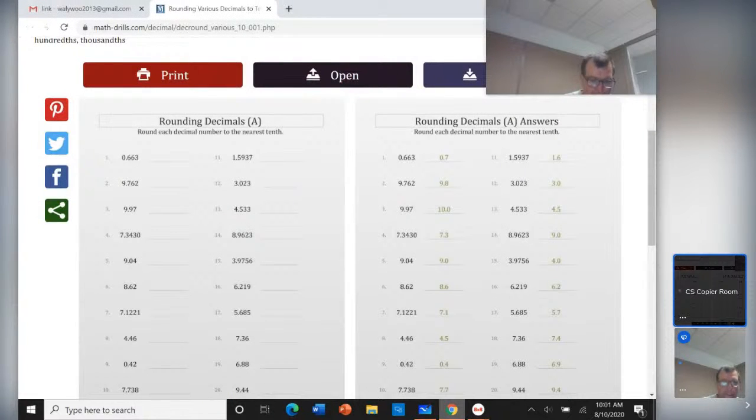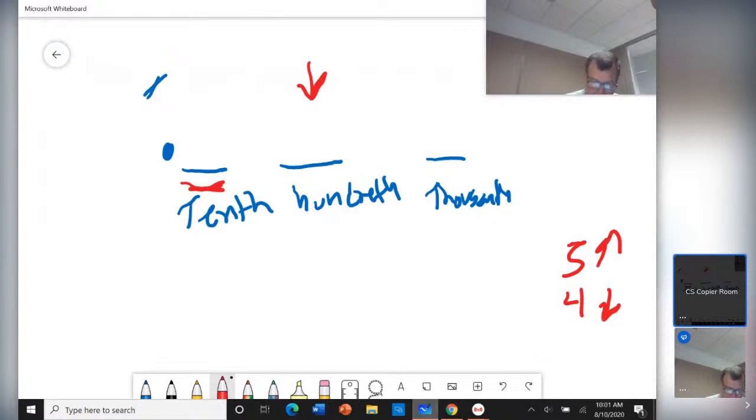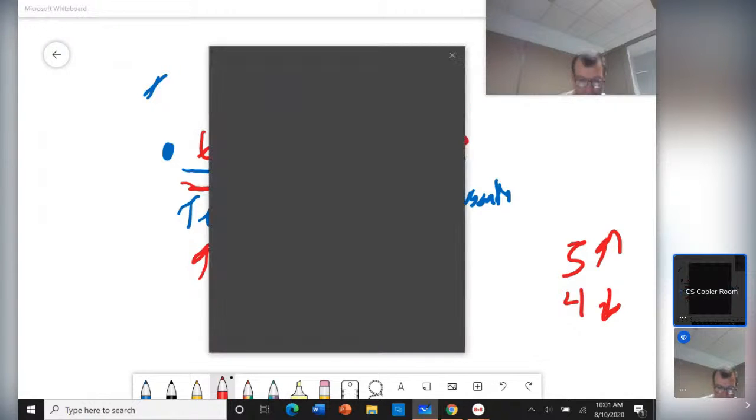It's rounded to the nearest tenth, and we have 0.663. Okay, it's asking us to round to the nearest tenth. So we're going to look at the number in the hundredth place.